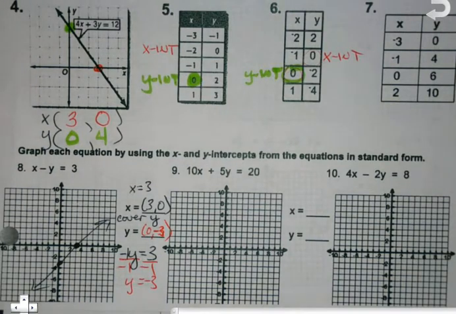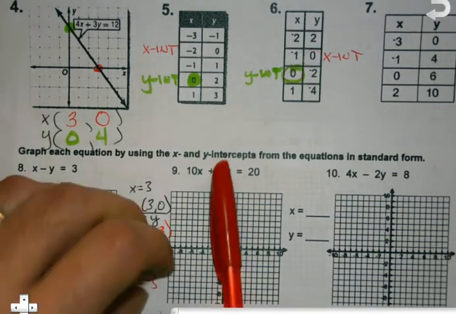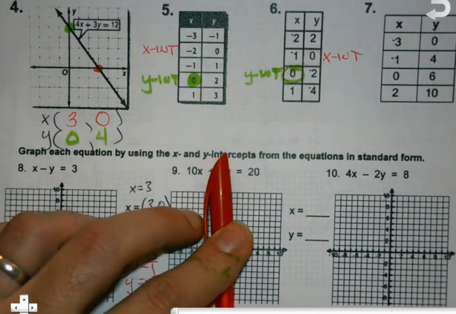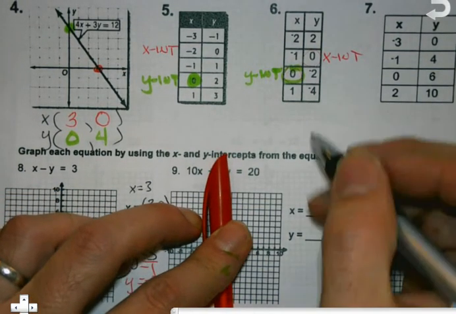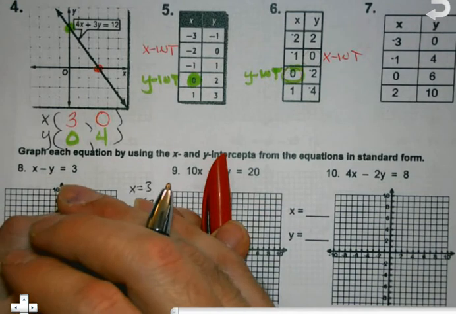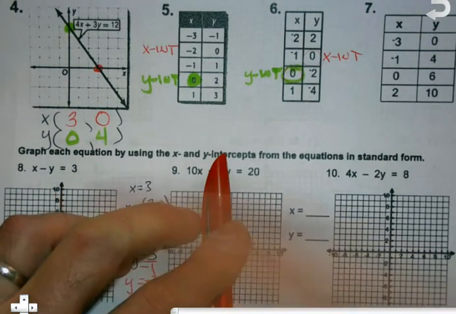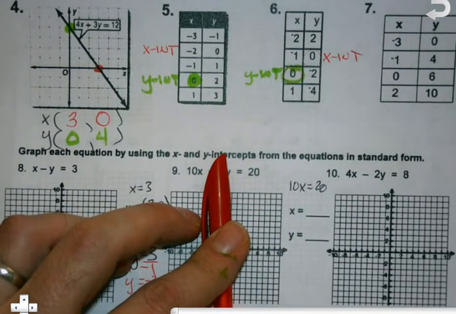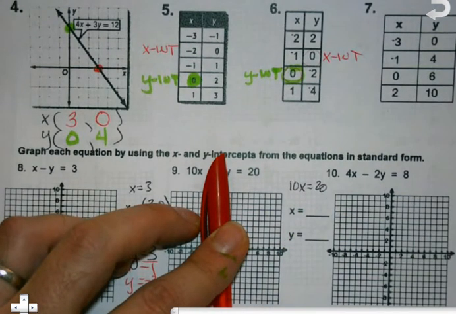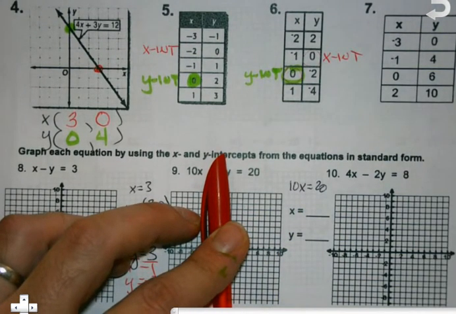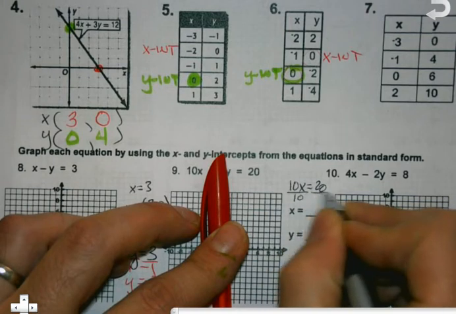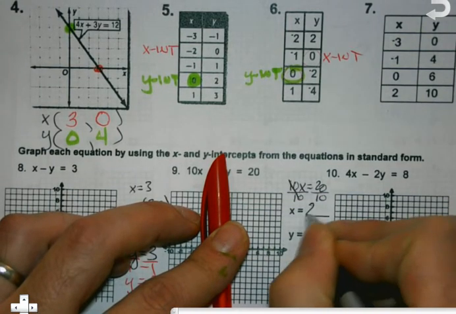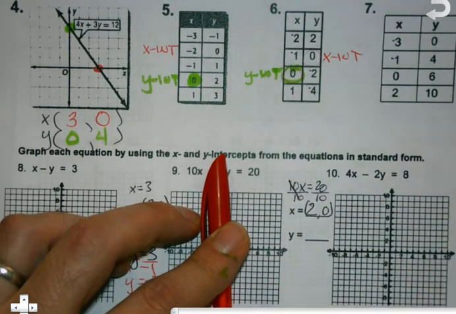So for instance, when I get to 9, if I want to know what x is, I cover up y. So 10x equals 20. Again, I just make the other variable disappear. What's my one step to get x alone? Divide by 10. I get my point. X is 2.